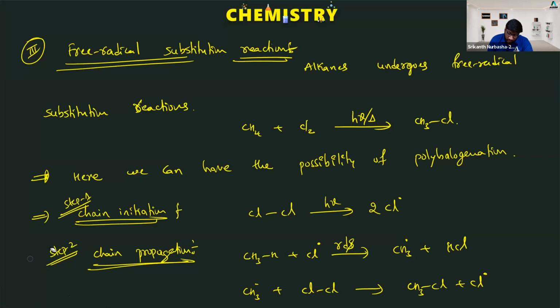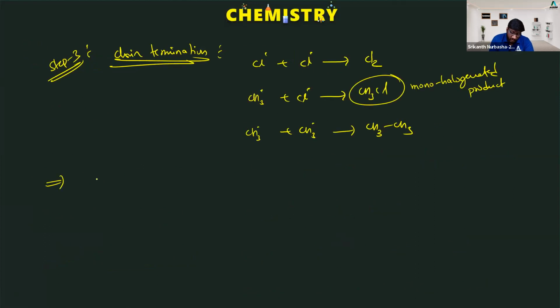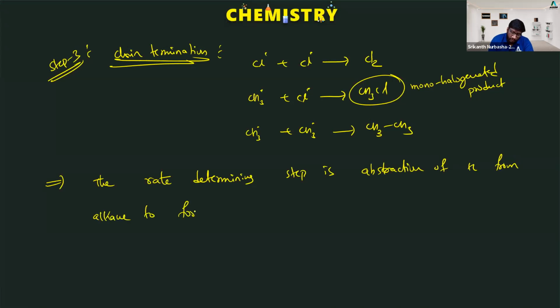Understand this carefully. The rate determining step is abstraction of hydrogen from alkane to form alkyl radical.